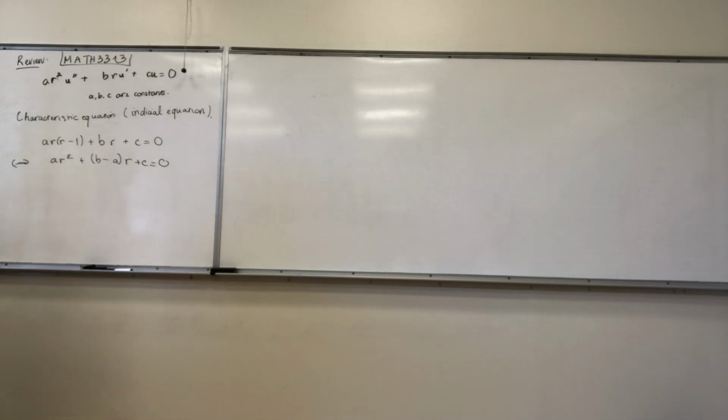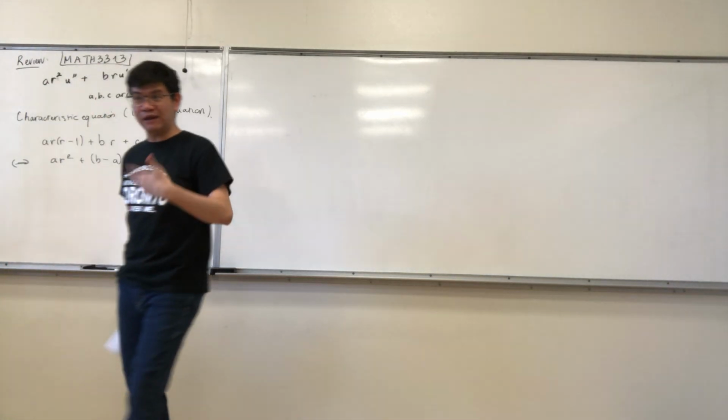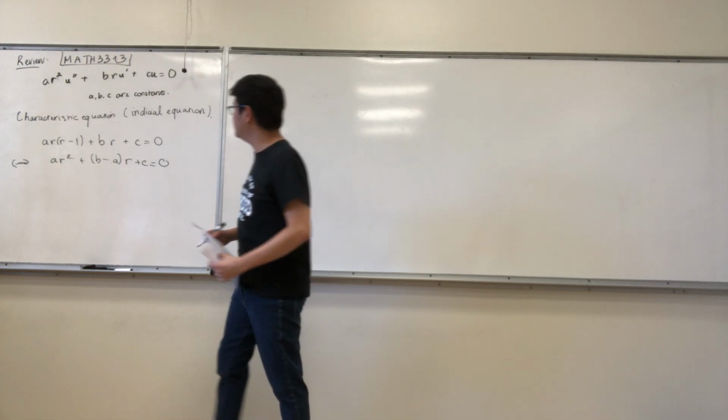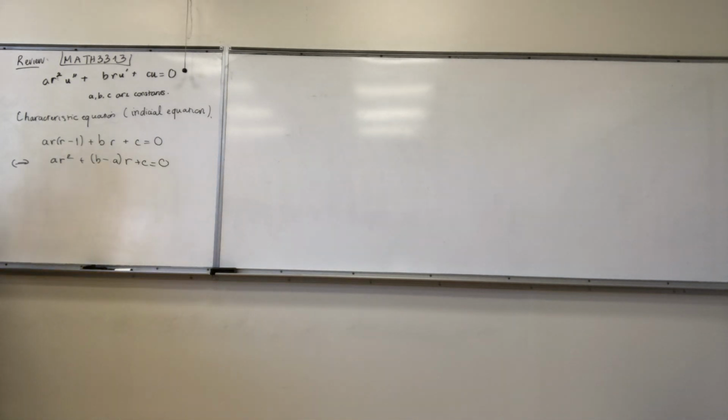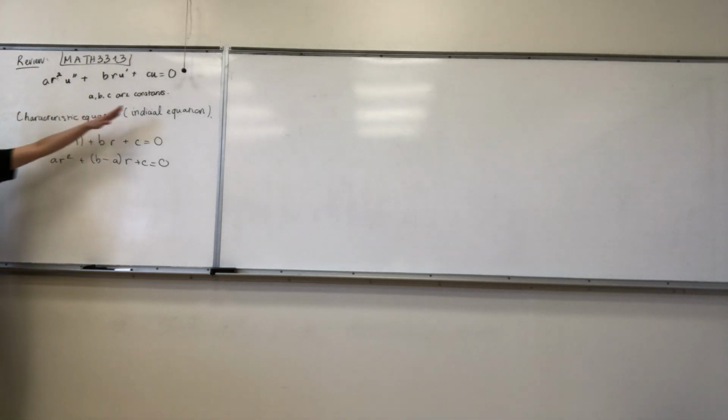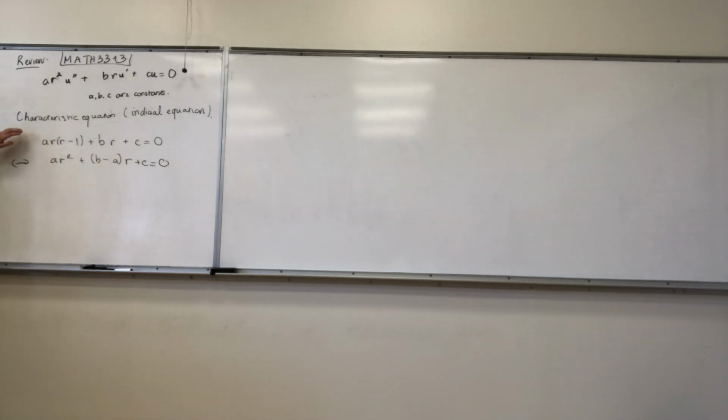So I explain again. In order to go further in our classes, let us review one piece of knowledge of Math 3313. This is this equation. We encounter this equation a lot in our examples. The equation takes the form A R squared U second plus B R U prime plus C U is 0. A, B, C are constants. Now, the characteristic equation has this form: A R times R minus 1 plus B R plus C is 0.